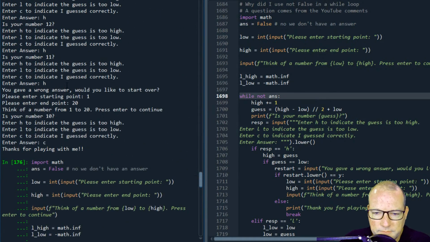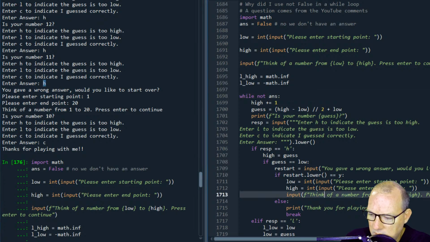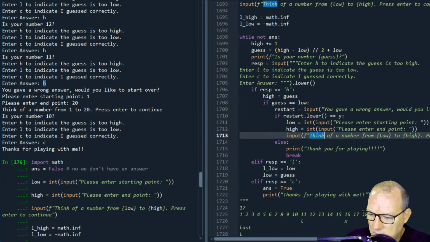Because right here, we have an issue. If we're saying high and the guess is the same as low, but right now it's not hitting.